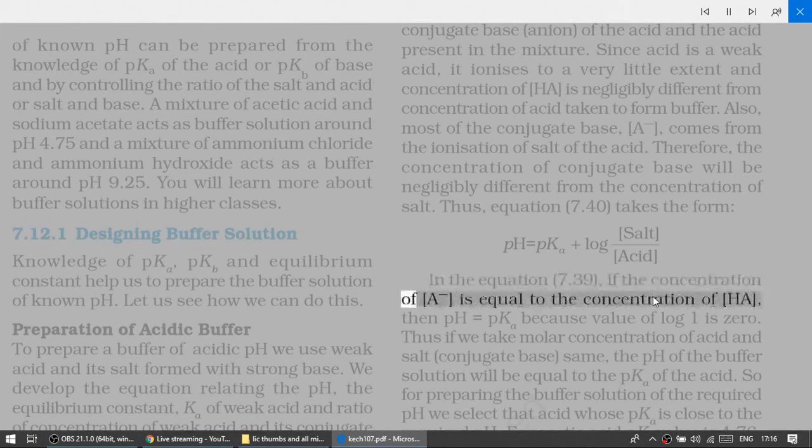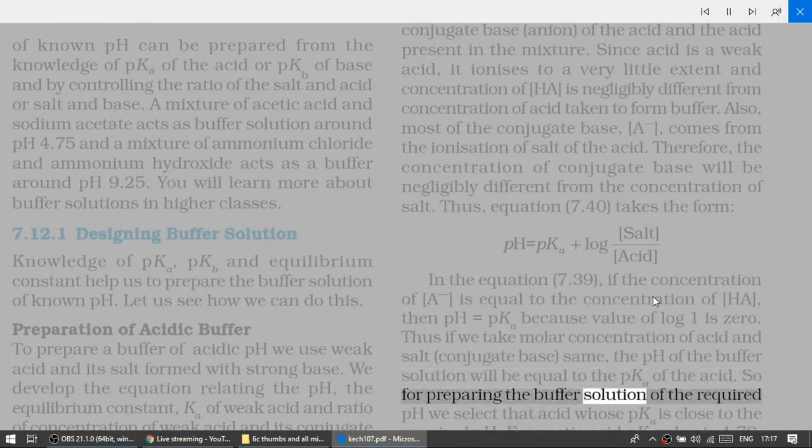If the concentration of A⁻ is equal to the concentration of HA, then pH = pKa because the value of log 1 is 0. Thus, if we take molar concentrations of acid and salt, the conjugate base, the same, the pH of the buffer solution will be equal to the pKa of the acid.